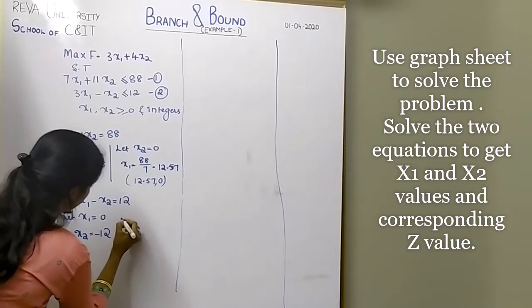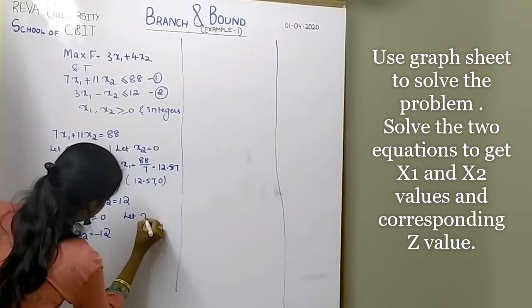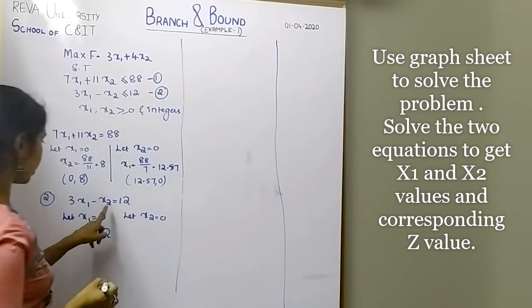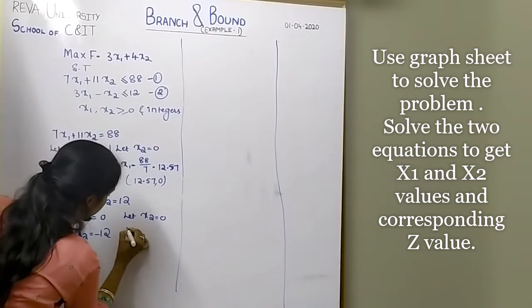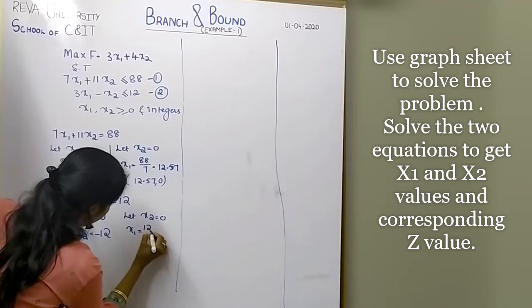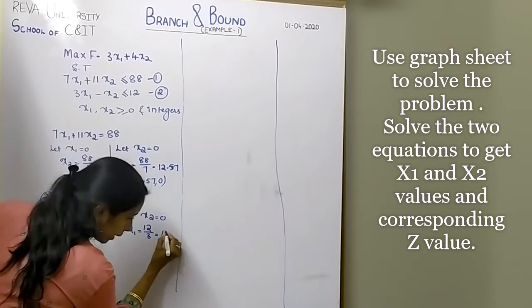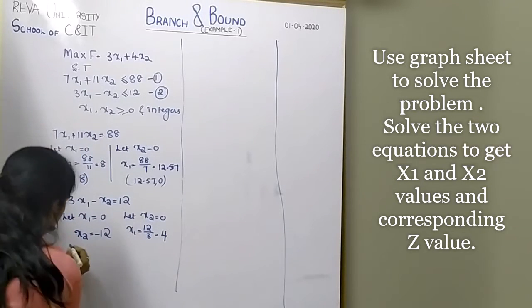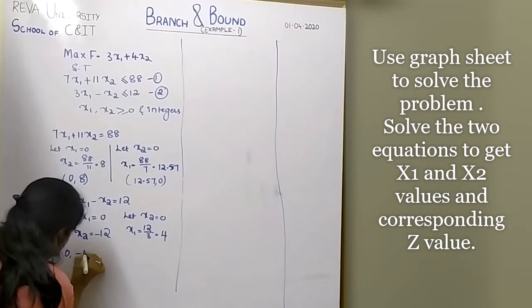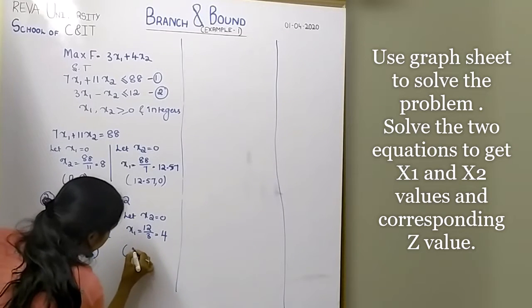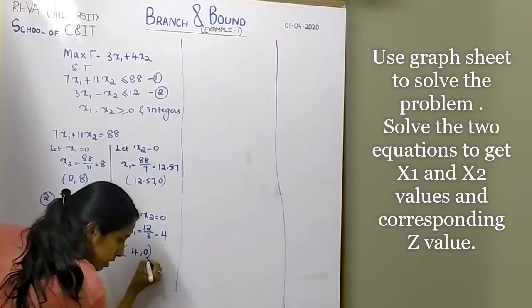Then let x2 equal to 0. If x2 is 0, x1 is equal to 12 divided by 3, you will get 4. Now here 0, minus 12, and here 4, 0.